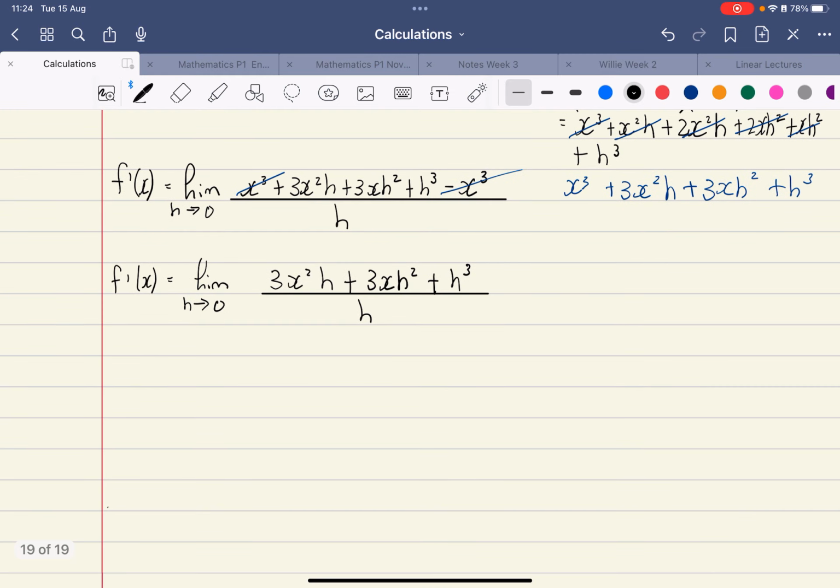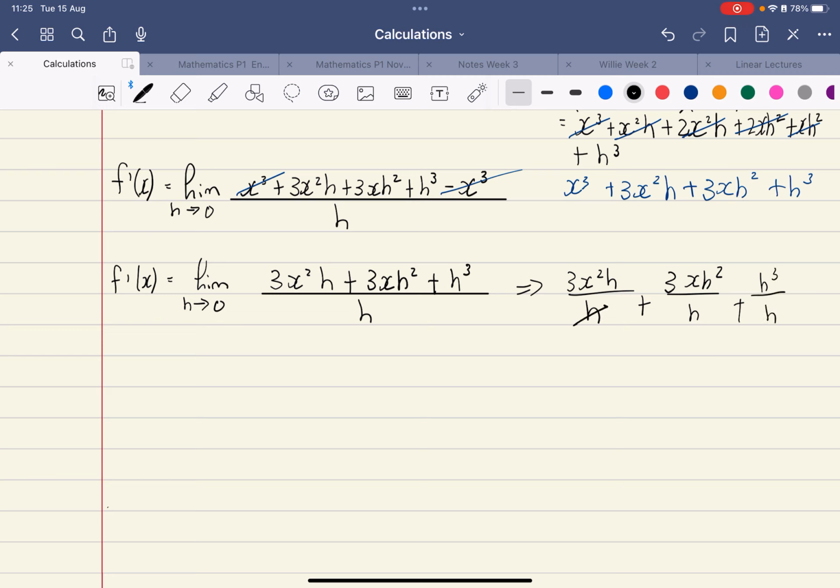Now we can simplify even more. Remember, this expression is exactly equal to 3x squared h over h plus 3xh squared over h plus h cubed over h. Now what can we do?